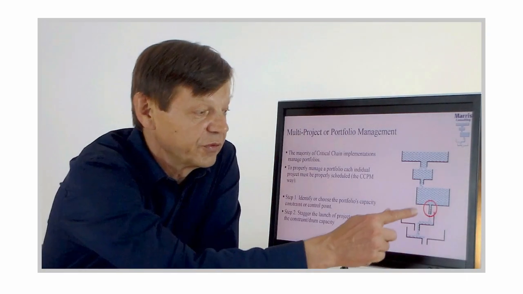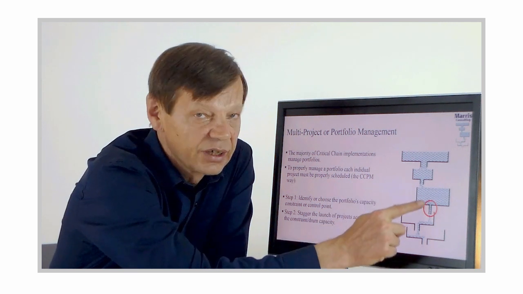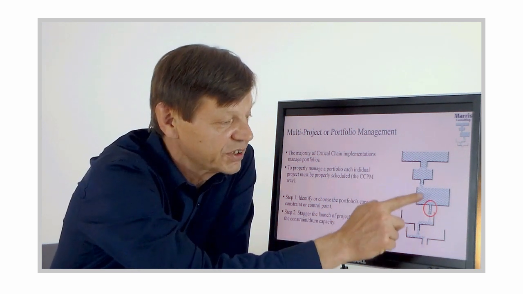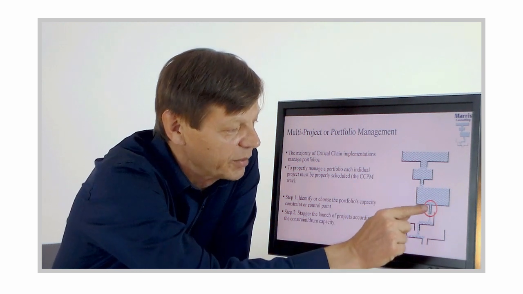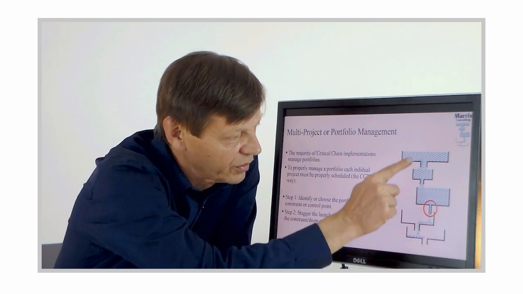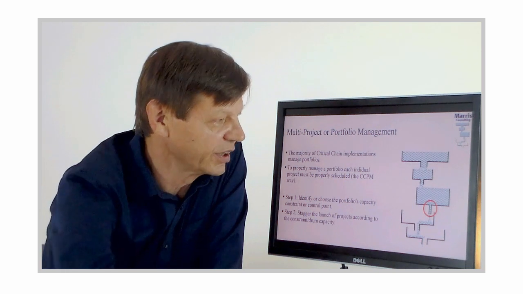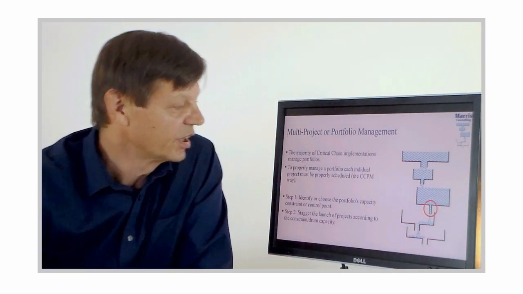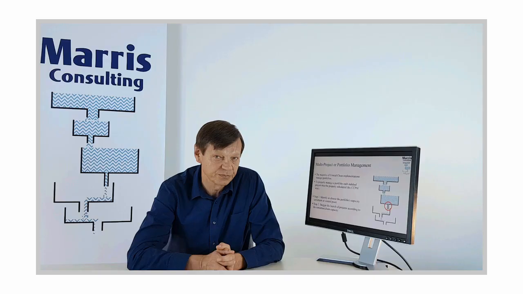So if we've decided that the constraint is here, to avoid what we have in this diagram of the system being clogged up with lots and lots of projects in the queue, we're going to make sure that when we launch a project, it's coherent with the work that's in the system and the capacity of that resource. And in that way, we ensure that there is continuous high-speed flow of projects going through the entire system.